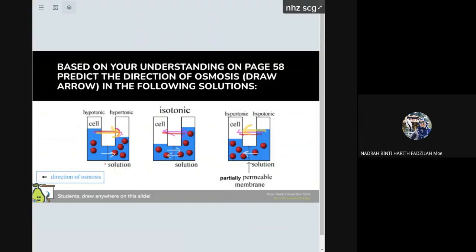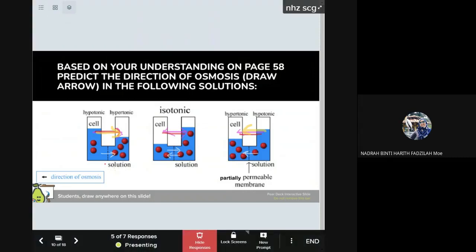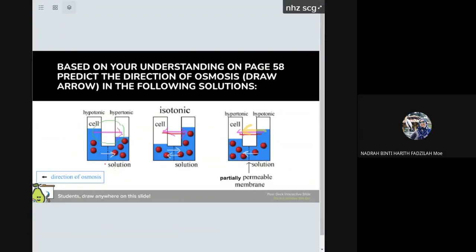Dia bukan tembus bekas tu. Kalau kamu lukis dekat atas, macam kamu lukis tembus bekas. Siapa yang lukis dekat Google Meet ni saya tengah highlight. Dia bergerak across plasma membrane. So, arrow tu tunjukkan bergerak dari mana ke mana. Okay, kita pindahkan ke bawah.